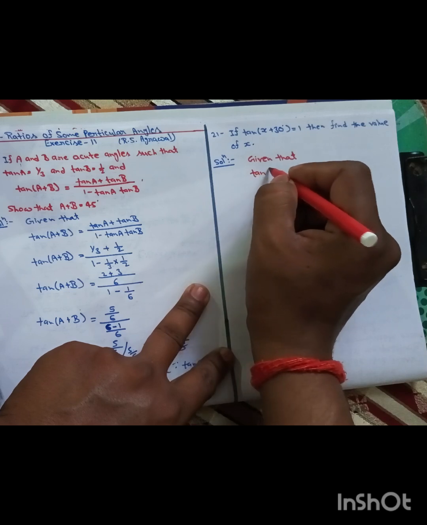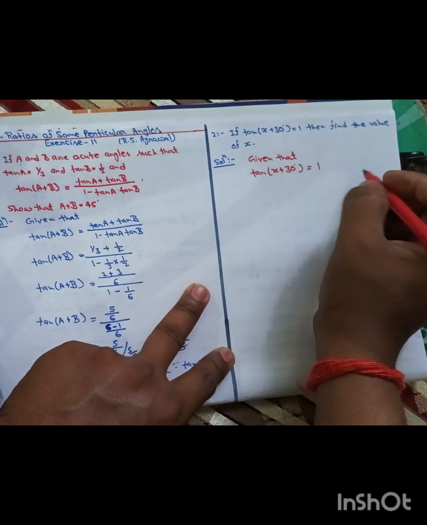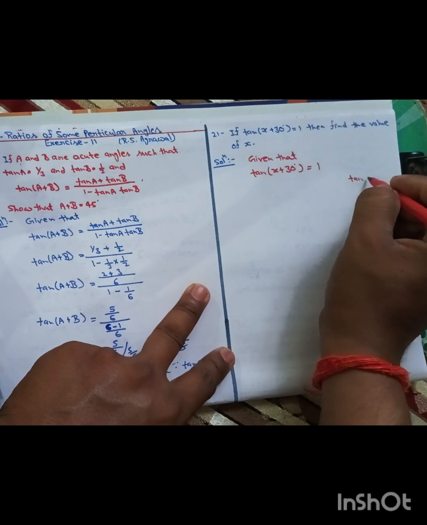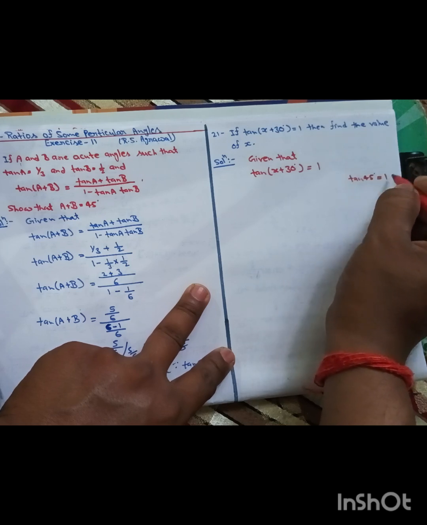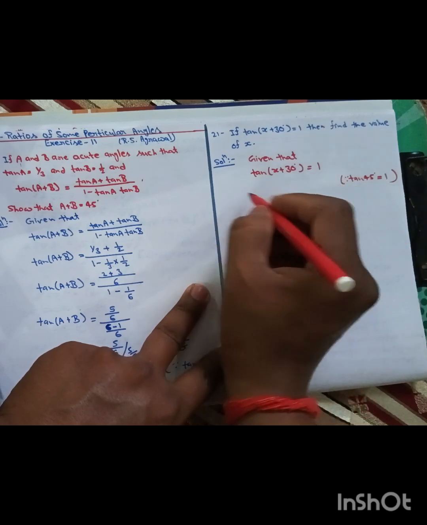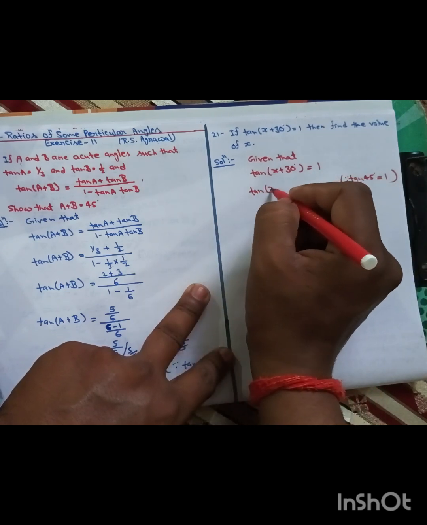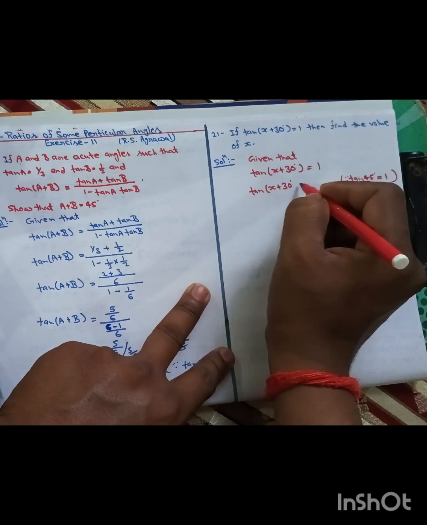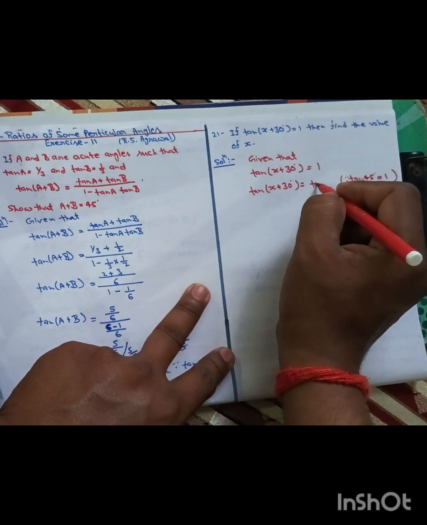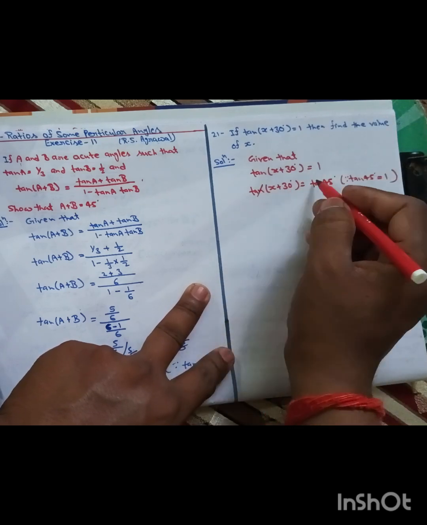Given that tan(x plus 30 degrees) is equal to 1, and we know that tan 45 degrees is equal to 1. So in place of 1 we can write tan 45 degrees. So tan(x plus 30 degrees) is equal to tan 45 degrees. Tan and tan will be cancelled.